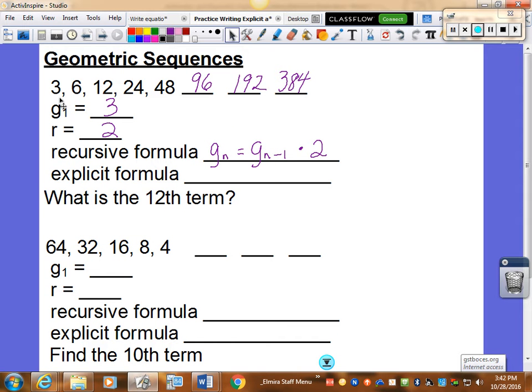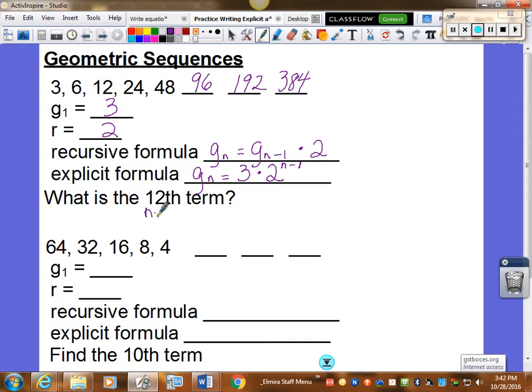So if I was going to write an explicit formula for this sequence, it would be G sub n equals my first term, 3, times my 2, my R, and my exponent would be n minus 1. Okay? Well, how do I find the 12th term?